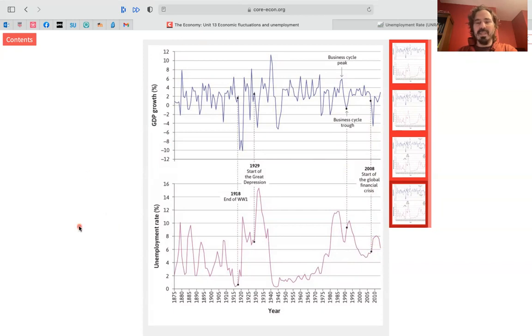When you're looking at these graphs, keep in mind they're just squiggly lines, and it's easy to treat them as just numbers. But we have to remember what we learned in the videos yesterday: when the unemployment rate goes up, that is an incredible cost to people.